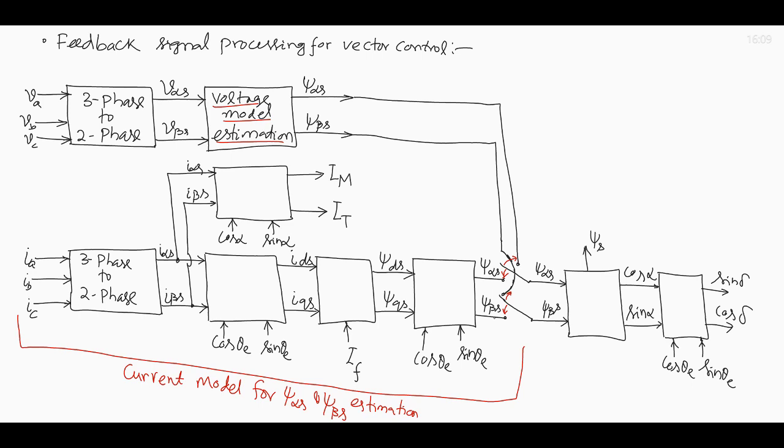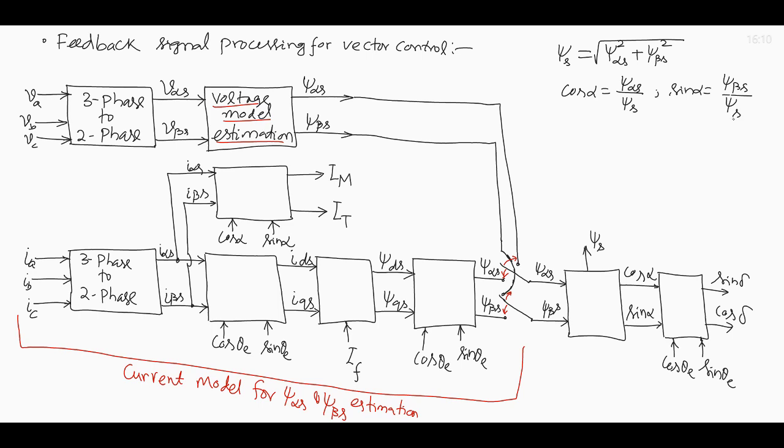Whether we use the voltage model or current model, both methods give psi alpha s and psi beta s. Once we get psi alpha s and psi beta s, we generate the stator flux linkage psi s, that is square root of psi alpha s square plus psi beta s square, and cos alpha is psi alpha s by psi s, and sin alpha is psi beta s by psi s.